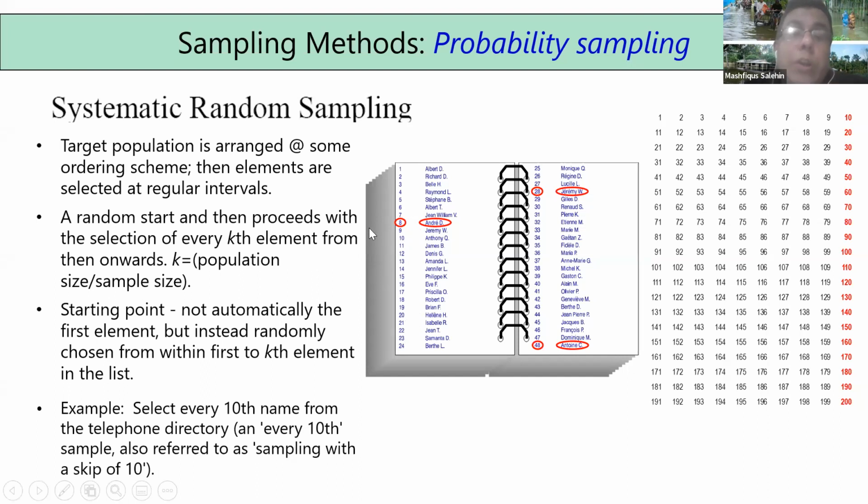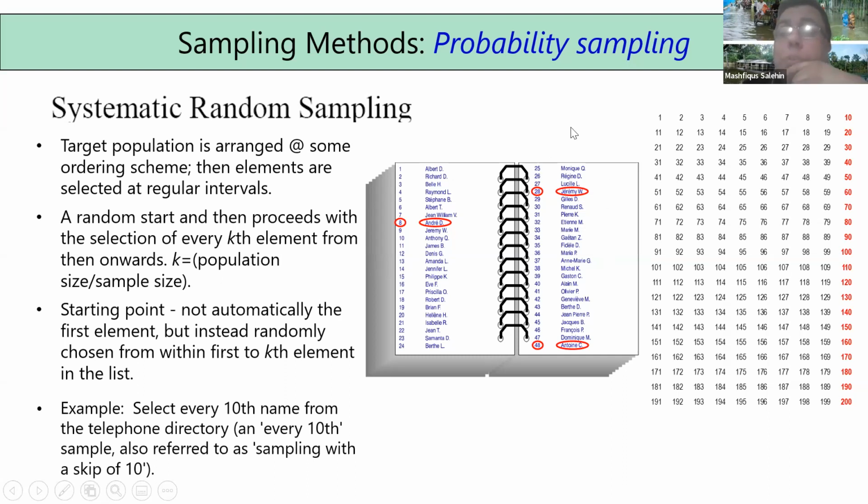Or you can use a random number generator and use the first number that comes out. Once you fix your first element, you continue with your pre-selected intervals. For example, that could be every 10th element, or every 20th element, and so on.